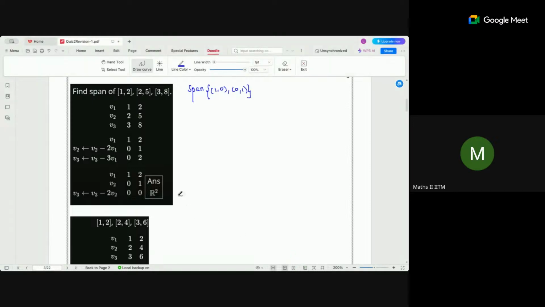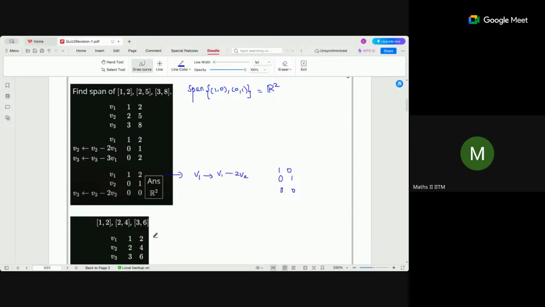Let us say you replace V1 with V1 minus 2 times V2, then you will end up with (1, 0), (0, 1) and (0, 0), right? So the span of (1, 2), (2, 5), (3, 8) is the same as that of (1, 0), (0, 1). It means the span of this set of vectors is just R2, exactly the same as this.